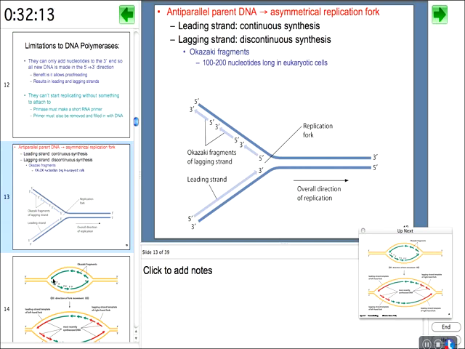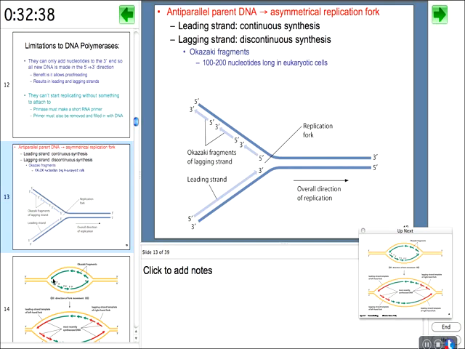In other words, as the dark blue strand opens up, here's the 3' end of this strand. The new strand is going to be anti-parallel, so you know the new strand has to be 5 here. Yes? So what happens is DNA polymerase is going to just sort of follow along. As this strand opens, it's going to keep copying, keep copying, keep copying.